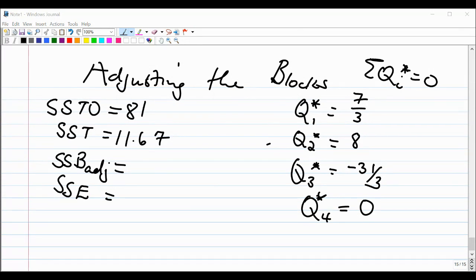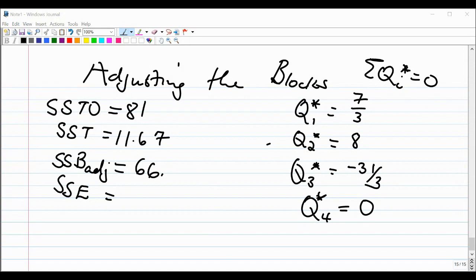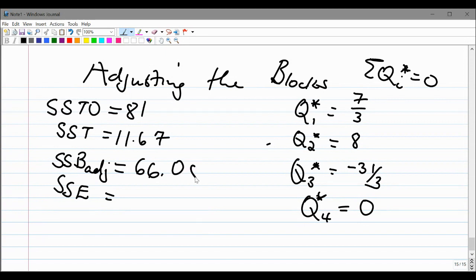So can you please give me SSB adjusted? Sitati is saying SSB adjusted is given by 66.083.